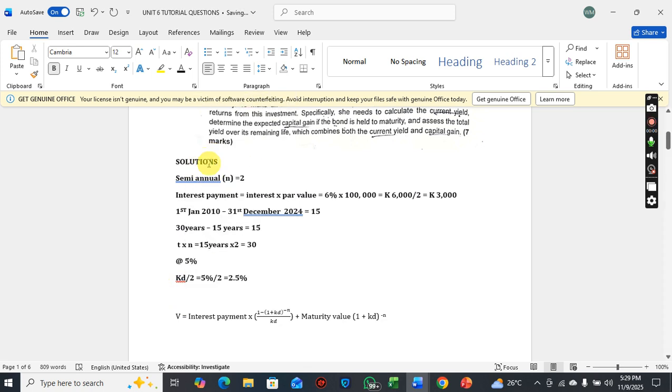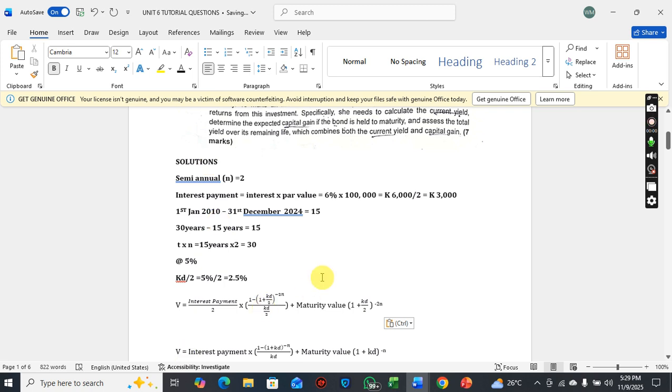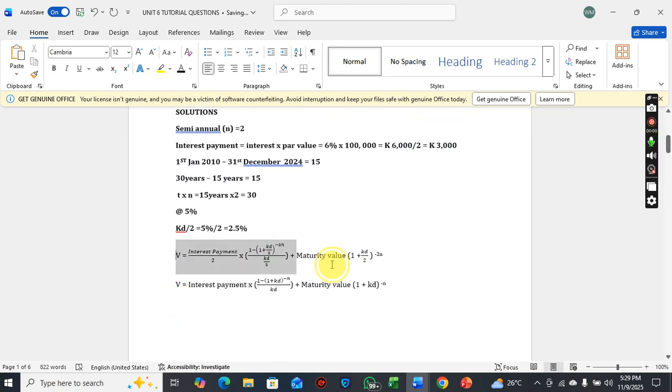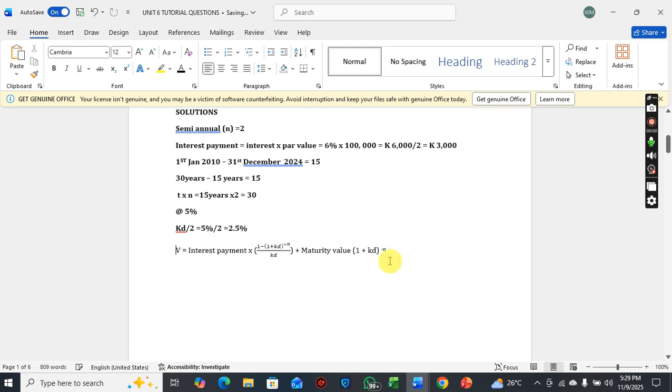Either way is okay. Since we've already done the adjustments, just put in the normal formula here.